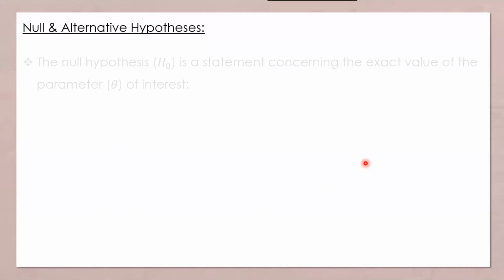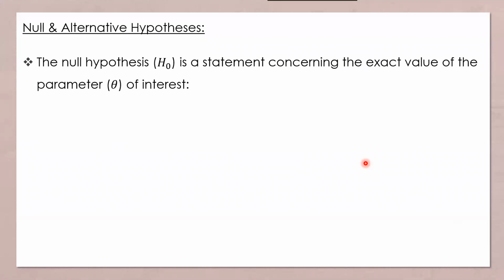So the null hypothesis. Before we start a hypothesis test, we have to state the hypotheses, which consists of a null hypothesis and an alternative hypothesis. The null hypothesis, which we denote by H0, is a statement concerning the exact value of the population parameter of interest. That is stating that theta, whatever theta may be, is exactly equal to some specified value.